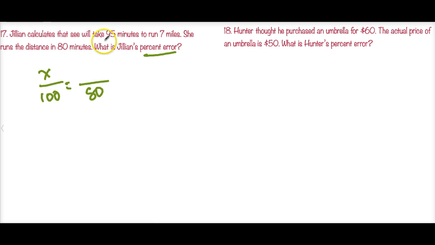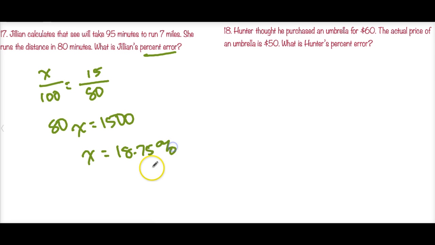The difference between the two was 15. So that's going to be 80x over 1500. So x is going to be 18.75%. So she was in error. Not a bad way though, because if you're going to run faster than being slower, that's a good thing.